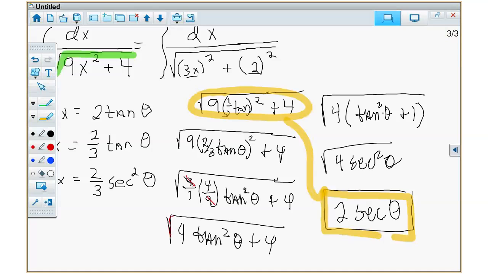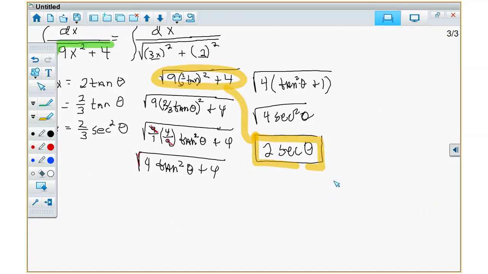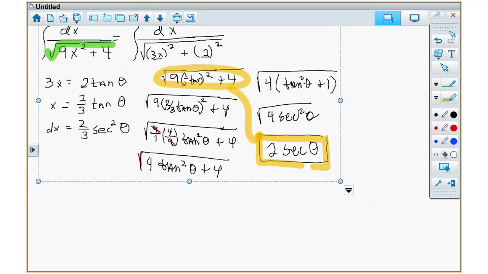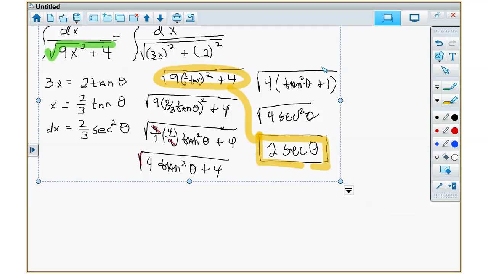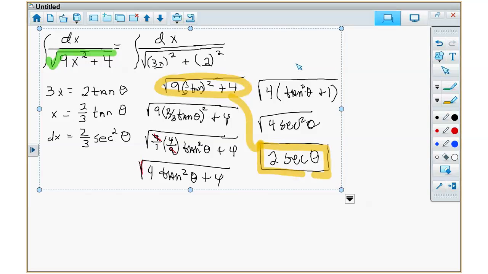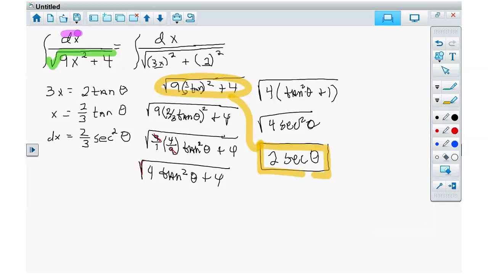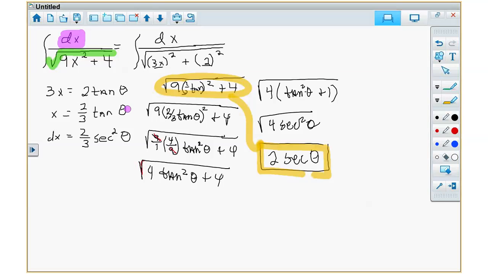All right, now do step two. Step two consists of what? Plugging and chugging in the thetas. So if there's no x, you're not going to use that, right? Well, that's the whole purpose. You're trying to get everything in terms of theta. Let me just do this for you right quick. Y'all like colors, so we'll do colors. dx is what?